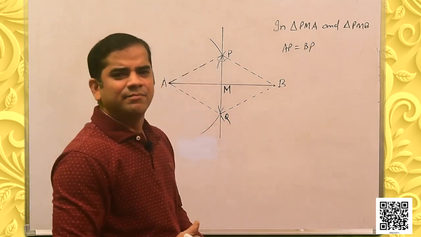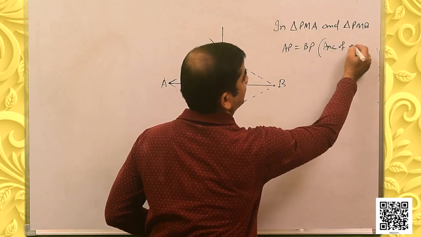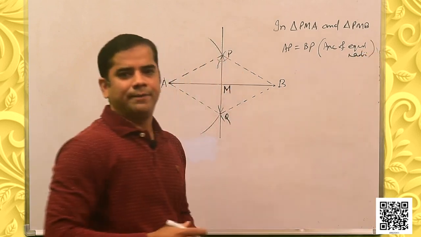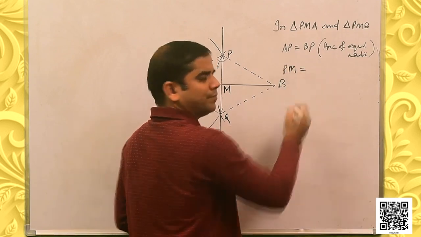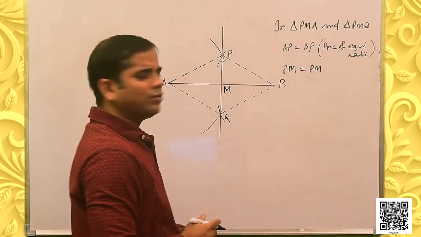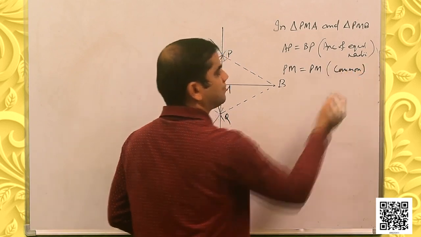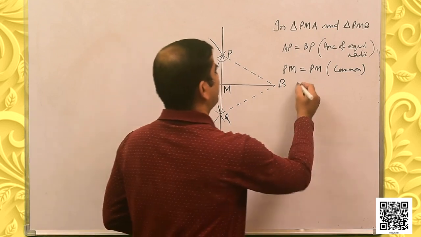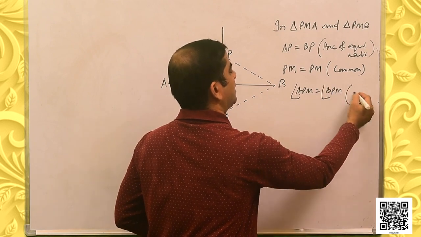Why? They are arcs of equal radii. Fine. Then PM is equal to PM because common side. Then angle APM is equal to angle BPM. It is already proved.